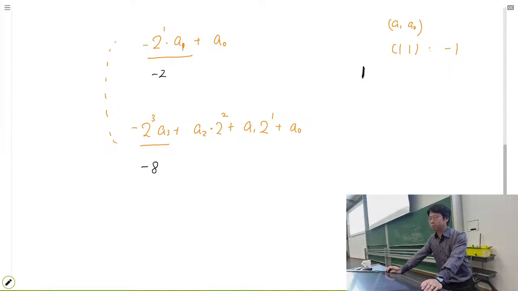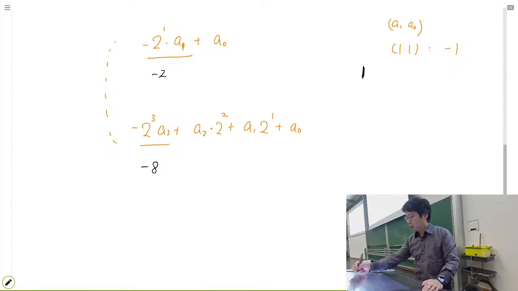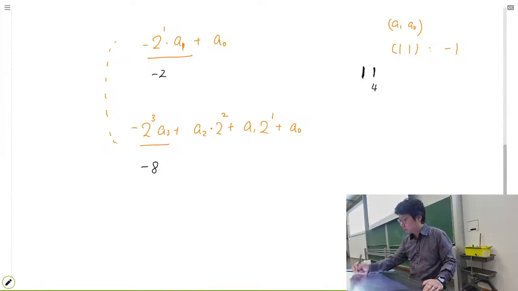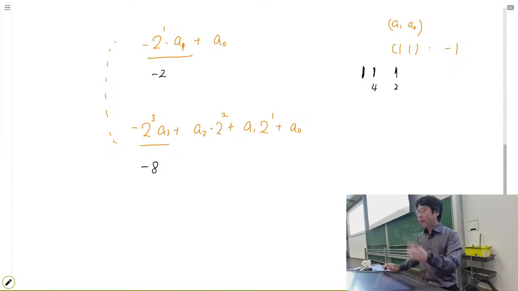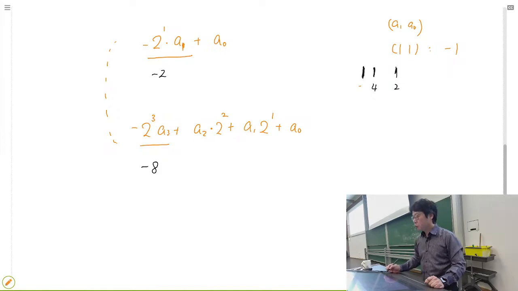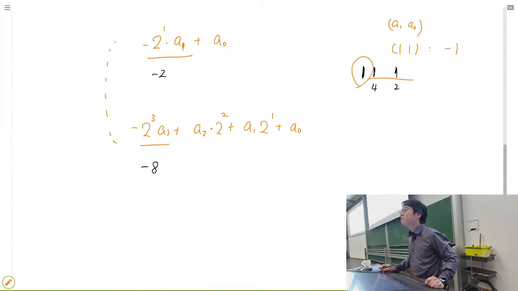So we need to get 6 back. What is the 6? So this one gives us 4. This one gives us 2. So to compensate, we have to make all the rest ones.